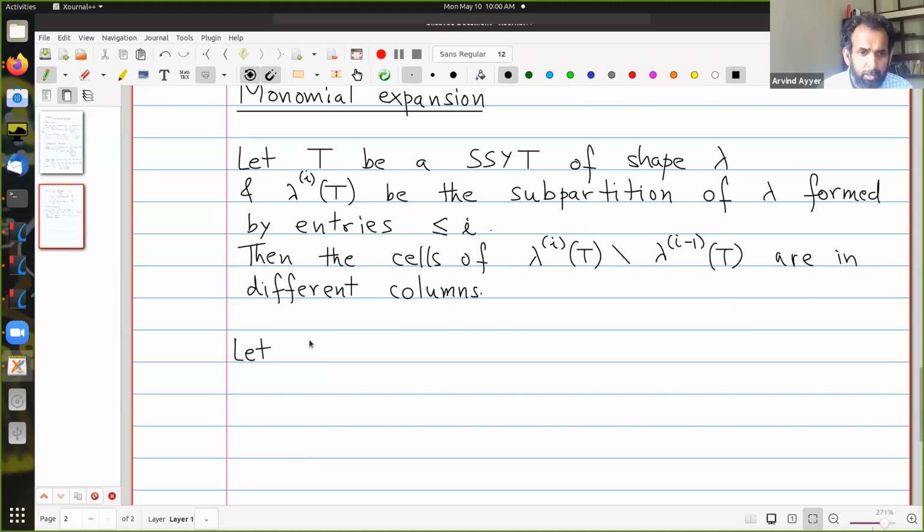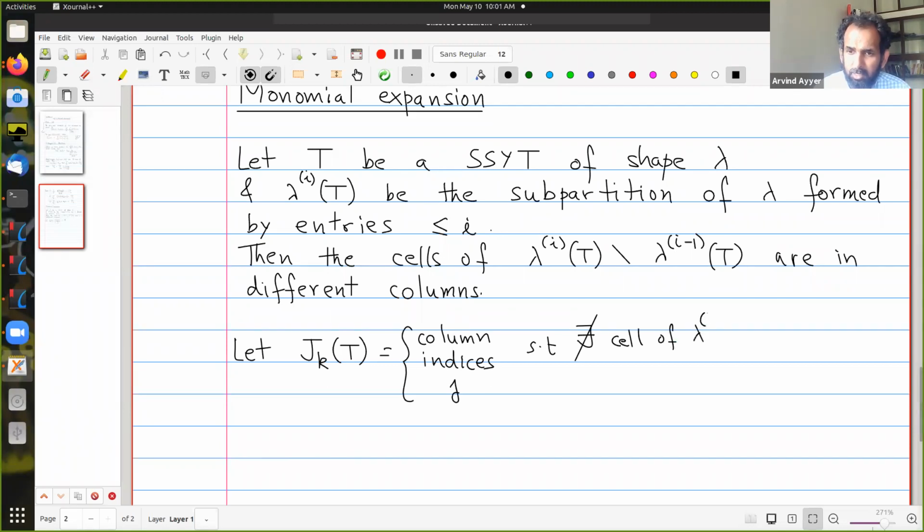Let j sub k of t be the column indices j such that there does not exist a cell of lambda k of t minus lambda k minus 1 of t in column j, but there does exist a cell of this in column j plus 1.